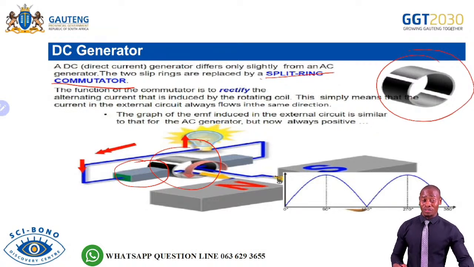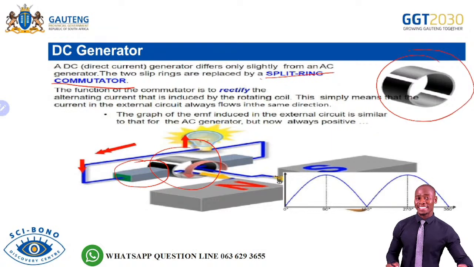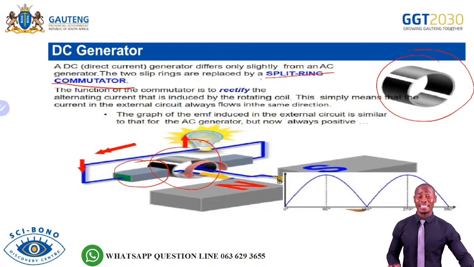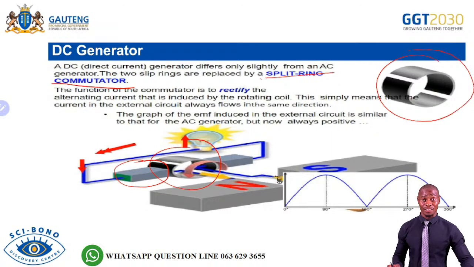So the current changes direction in the external circuit in an AC generator. But in a DC generator, current does not change direction. So the difference is in the external circuit, because of those two components. Current changes direction in an AC generator, but in a DC generator, current flows in one direction.